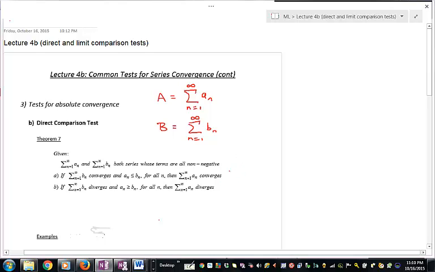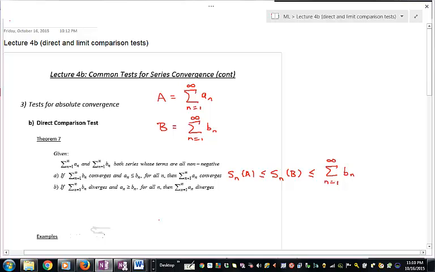And the reason why this is true, if we think about this for a second, let's look at the nth partial sum for A. Because all of the A terms are less than the corresponding B terms, it's going to be bounded above by the nth partial sum for B, which is itself bounded above by the limit of the sequence, which is equal to the value of the series.